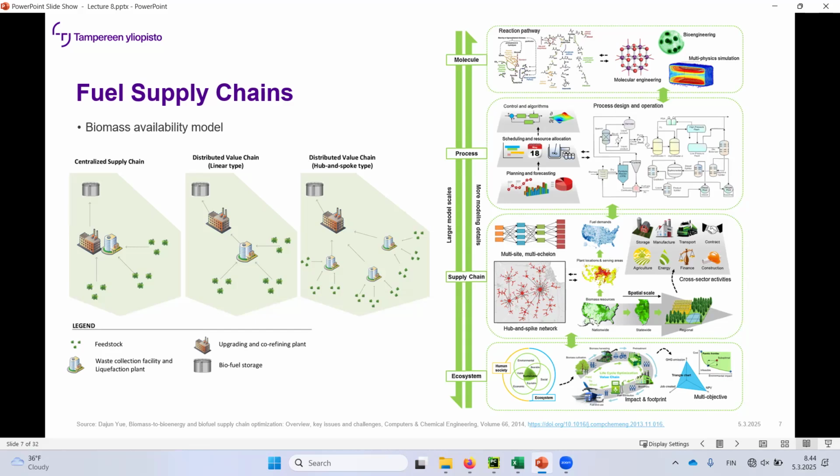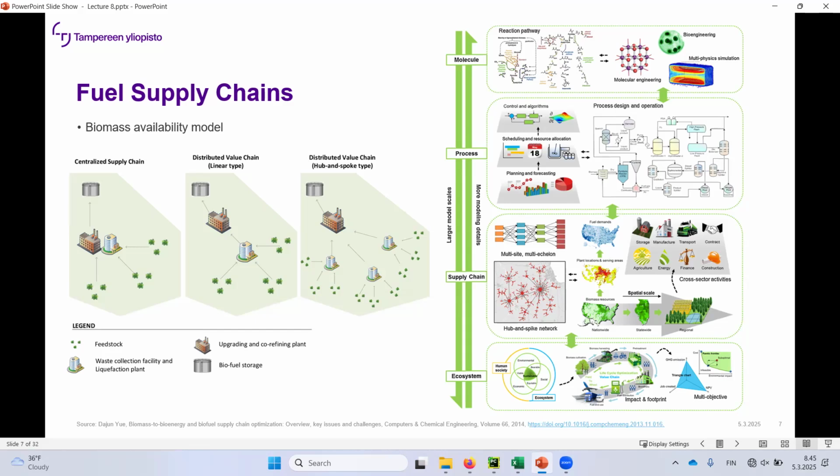So on these spokes where you have the initial production, you can have either some submodels in there, or you can have some time series that this actual location produces with a certain amount during the year of this wanted biomass type. So from there on out, you can start constructing the supply chain model.